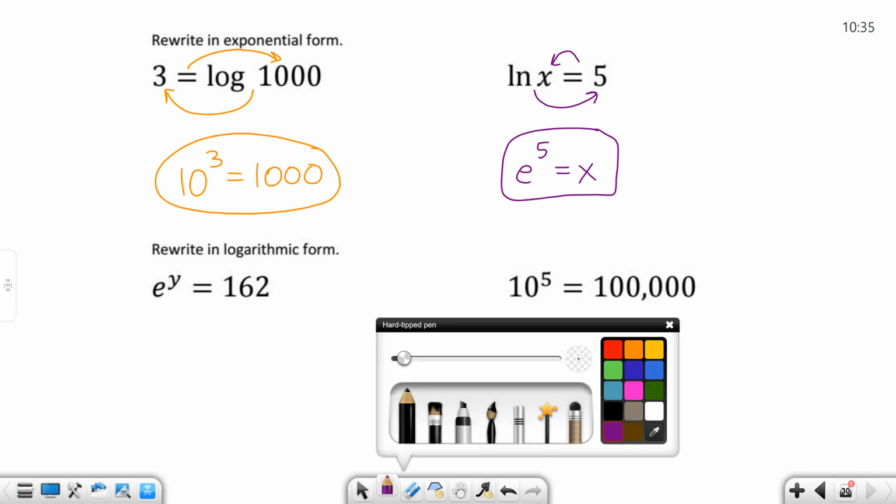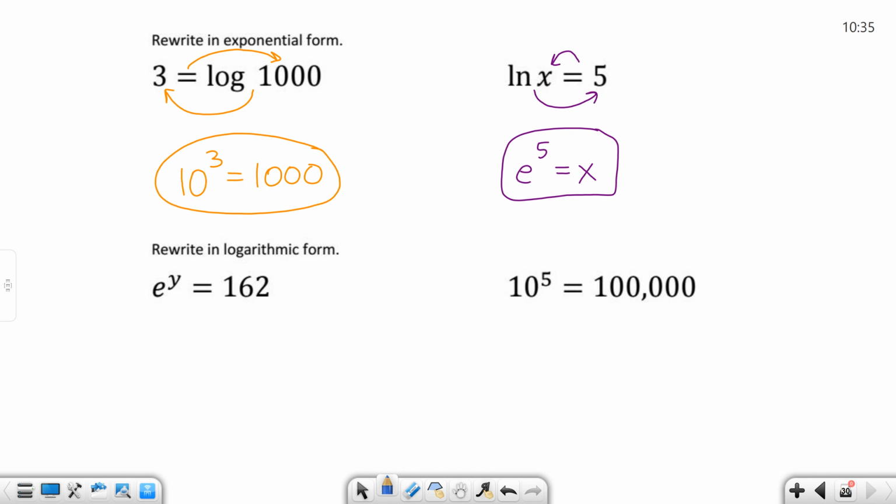And what if we wanted to go the other direction now? What if we wanted to rewrite this as a logarithm? Well, here, I always change it to log. Log base what? Log base e of 162 equals what's left, which is y. But wait a minute, I don't want to leave that there. If I'm just rewriting it, that's how I rewrite a logarithm, that's how I teach it. Log base e, but then I say, wait a minute, I don't leave it log base e.